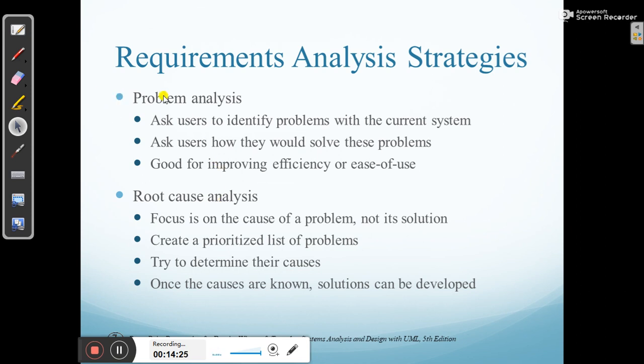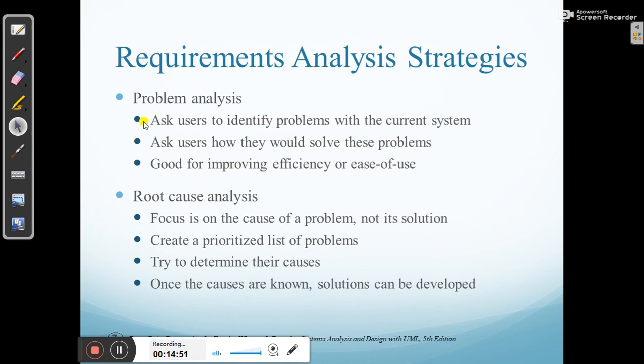So this is the strategies we have discussed in previous few slides. We need to analyze the problem. We need to ask users to identify problems with the current system, and ask users how they would solve these problems, good for improving efficiency or ease of use, because we need to develop such a system which should be easy to use or which should provide good efficiency.